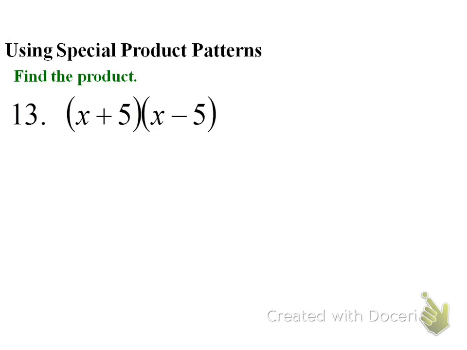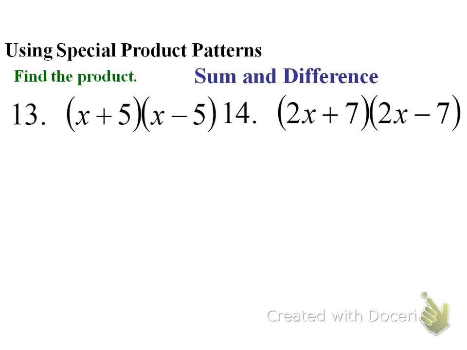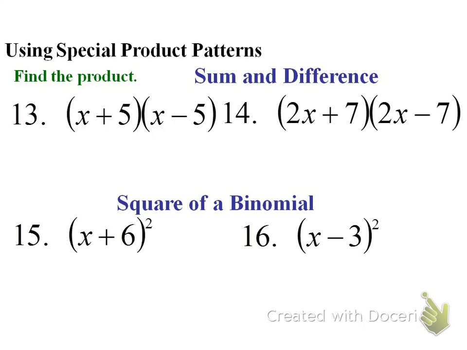All right, so now we want to use those special products for these two. For the first two, we're doing a sum and a difference. And then the next two, it's the square of a binomial.